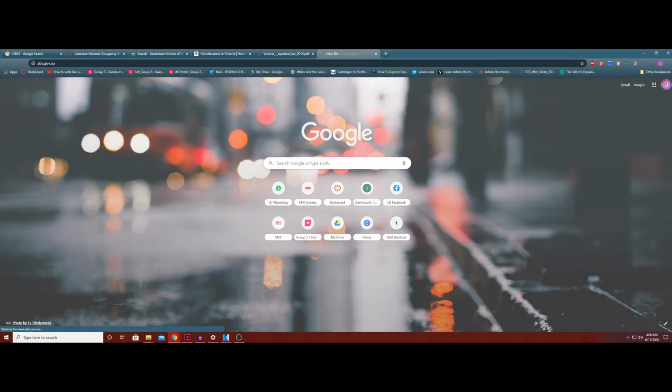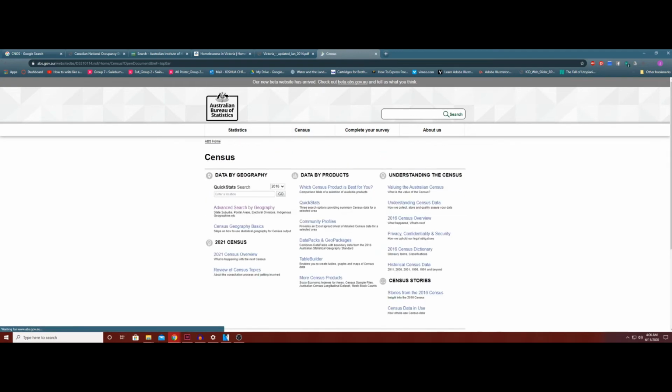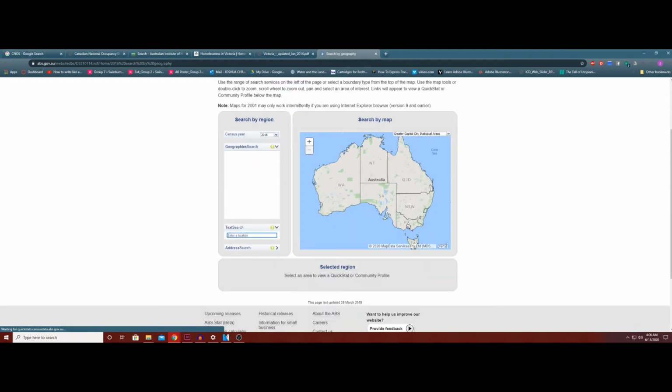So I'm going to show you the ABS, the Australian Bureau of Statistics. Again, this is going to be covered in another video, but this shows the statistics and census and demography of a suburb. So you want to search for census and then go to the project location, which is ours in Dandenong.